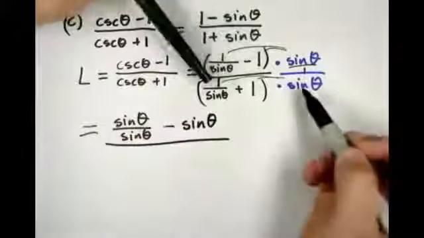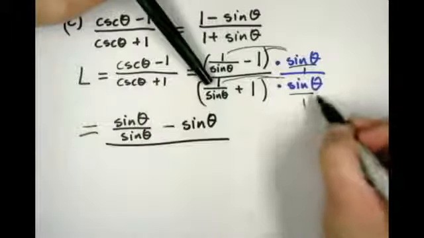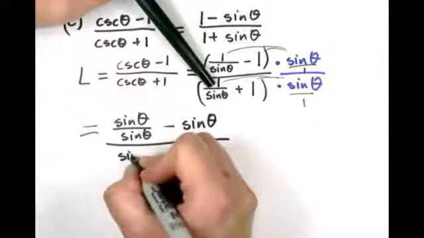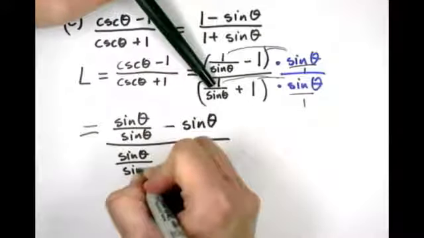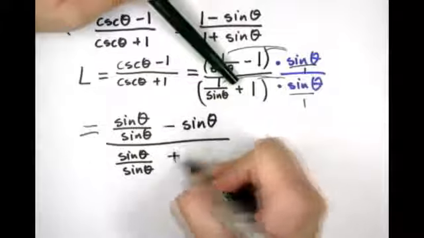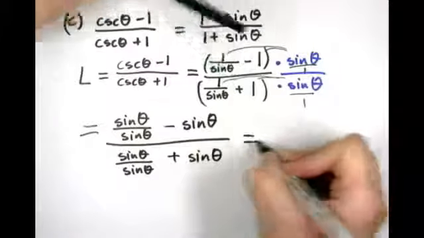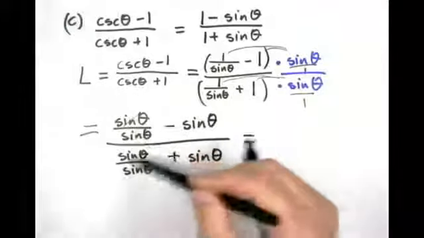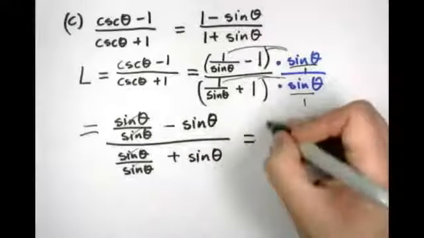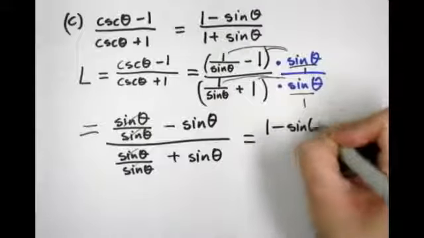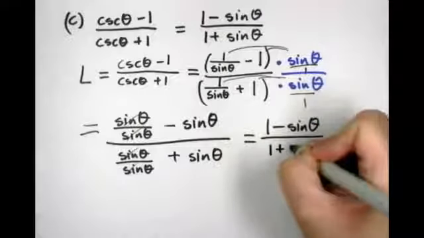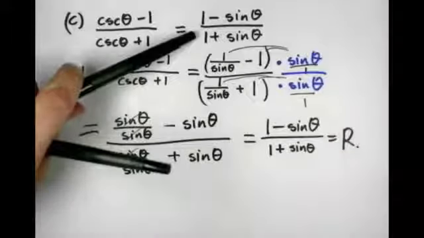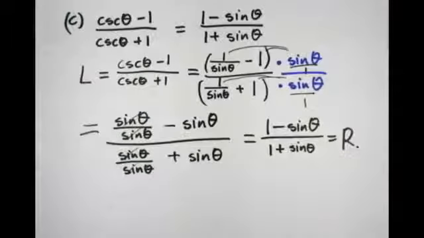All over, now the same: sine theta times 1 over sine is sine theta over sine theta, and then I have plus sine theta. So sine and sine reduce, so I have 1 minus sine theta over 1 plus sine theta, which is the right side. So the identity is established.